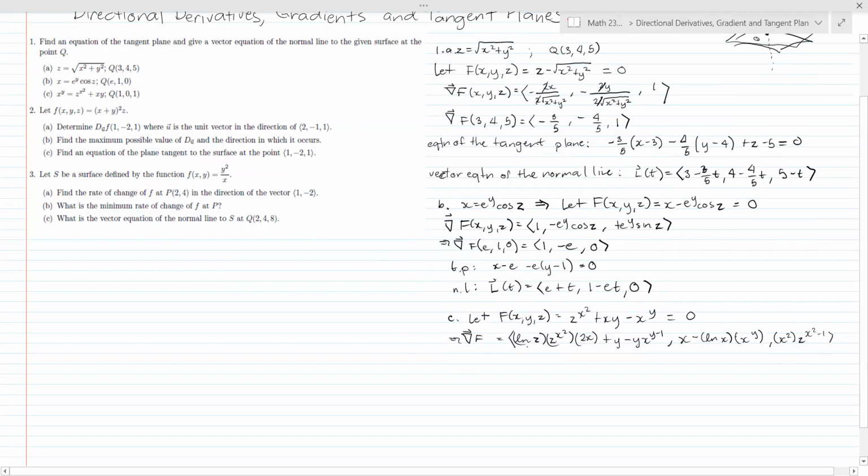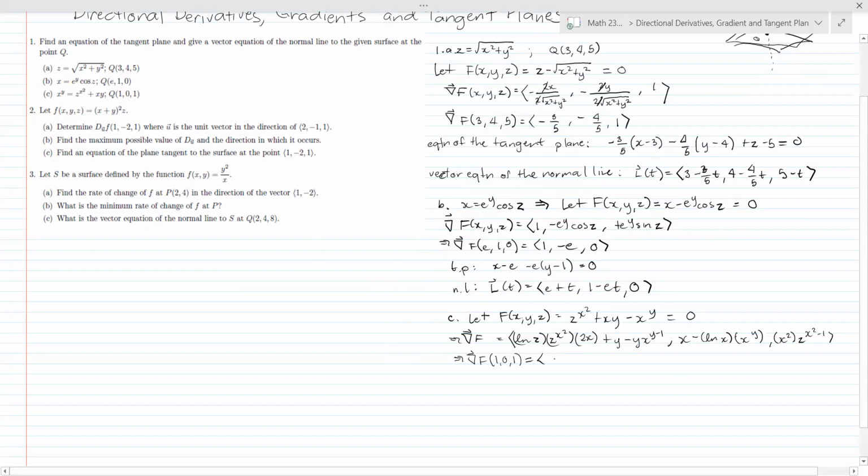Okay, so yun yung gradient f evaluated at ano yung point natin? So, 1, 0, 1. So, this is equal to, note na mag-0 yung y. So, yung ln z, that's 0. Okay, ln z is 0. So, mag-0 na lang din. 0 yung first factor. 0 plus 0 minus 0.